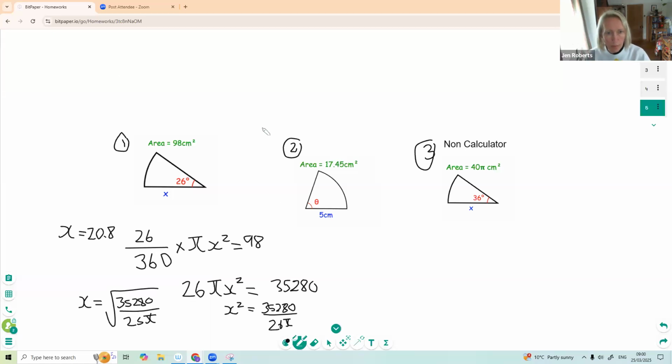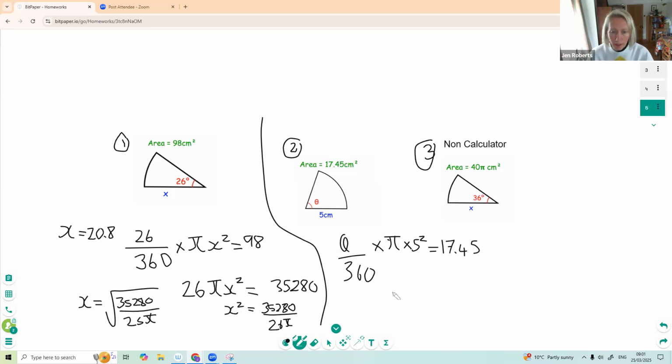Okay, question 2. This time we have an angle that's missing instead of the radius. So theta over 360 times pi times 5 squared equals 17.45. Let's multiply both sides by 360.